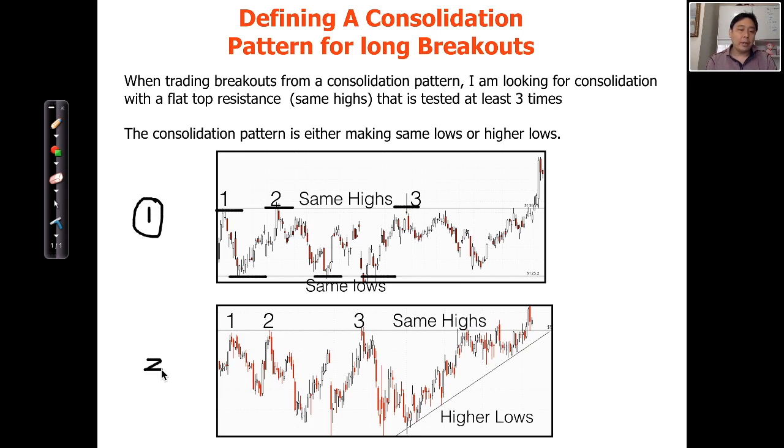The second scenario is same highs, tested 1, 2, 3, 4, 5 times, but in this case, it is higher lows. You can see this low, it's a low, it's a low. So either one's fine, but for both scenarios, we want same highs.